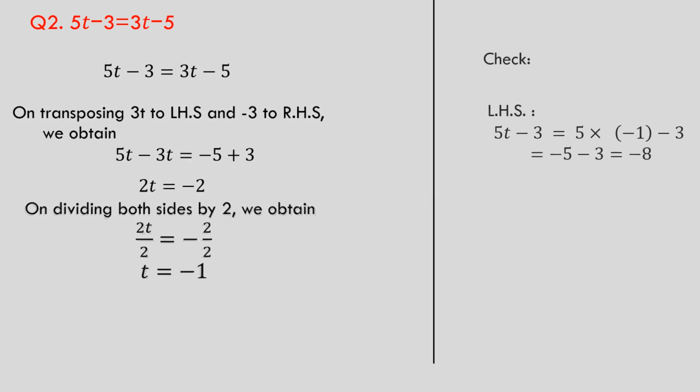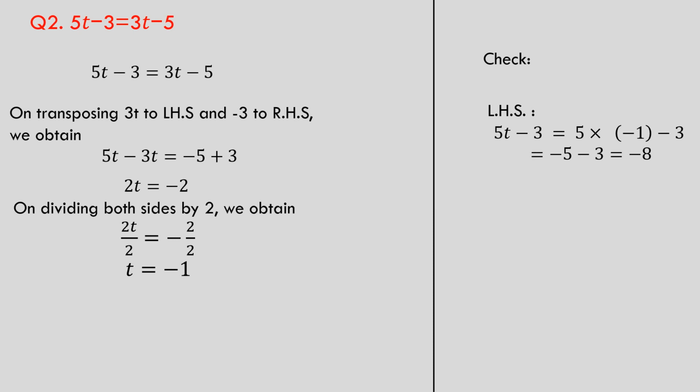Now, check the solution. Take first the LHS, which is 5t minus 3. Putting the value of t here, we get 5 into minus 1 minus 3, which is minus 5 minus 3 becomes minus 8. So, our left hand side is minus 8.